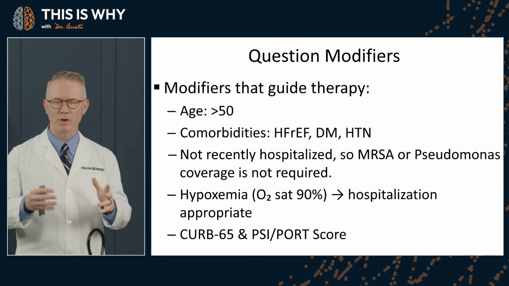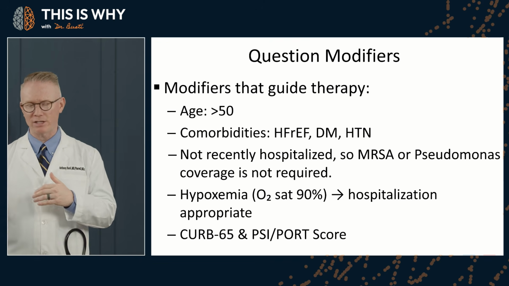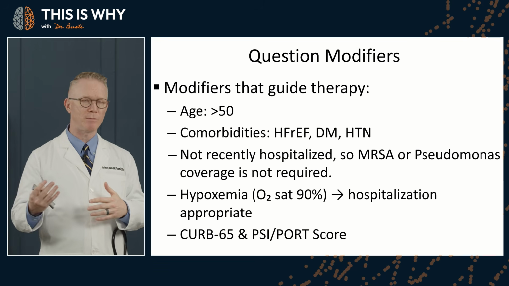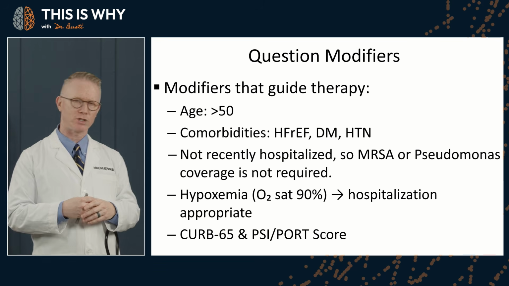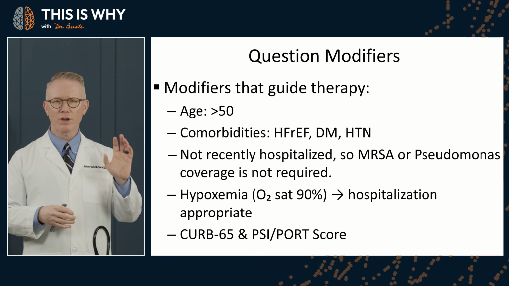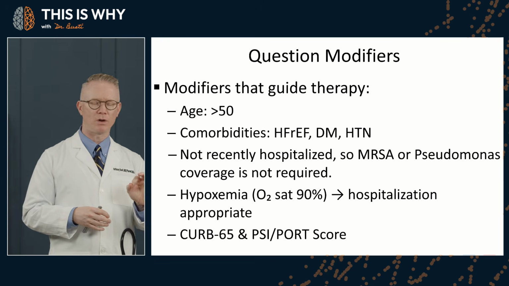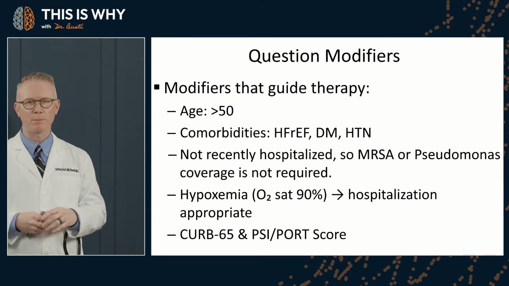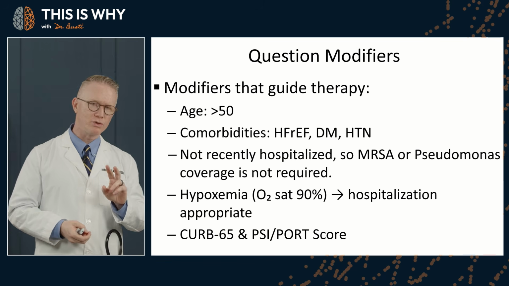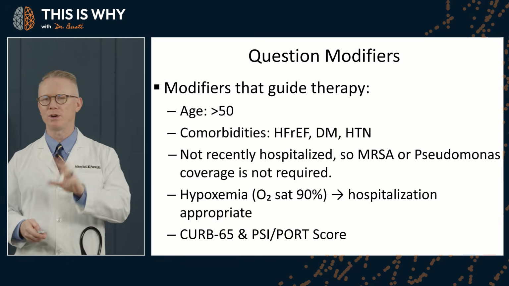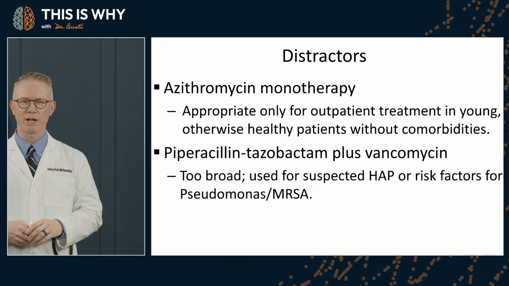But if their risk for mortality goes up and reaches a certain threshold, then we should probably give them consideration for admission, even if it's an observation admission. And the CURB-65, along with the Pneumonia Severity Index score, which is historically known as the PORT score, are tools that clinicians use to decide, is this an inpatient or an outpatient situation?